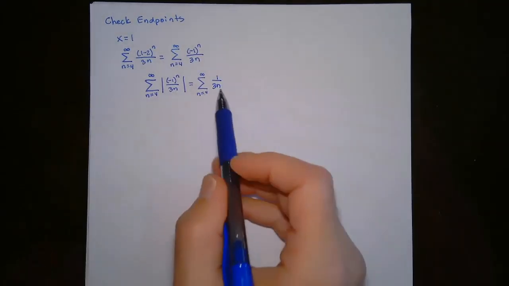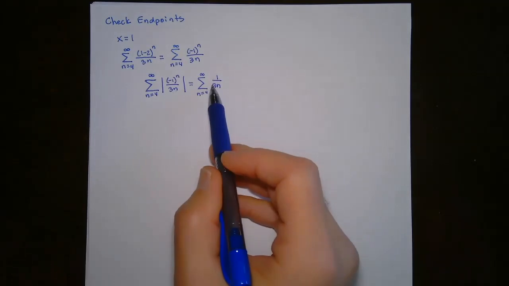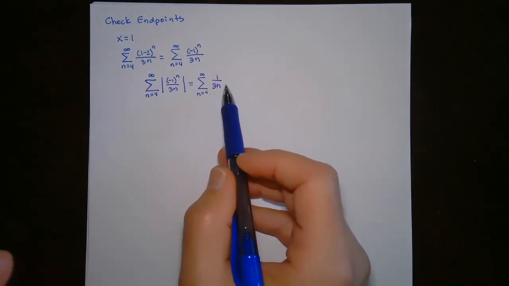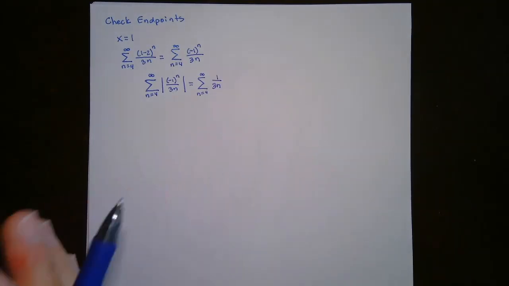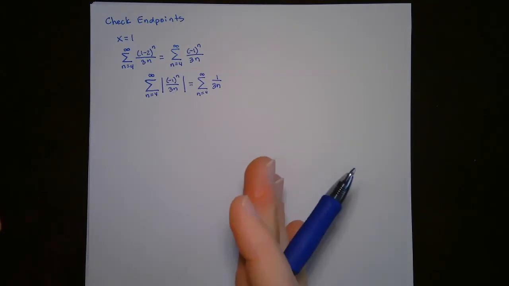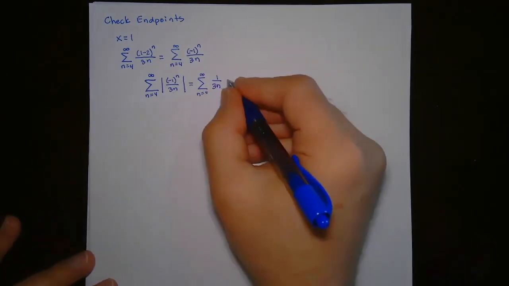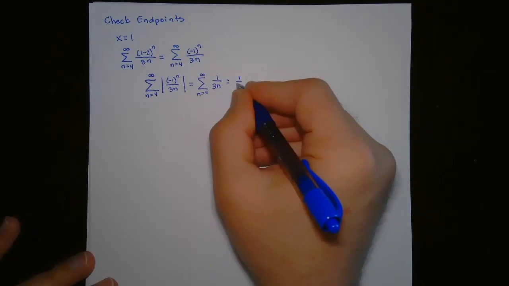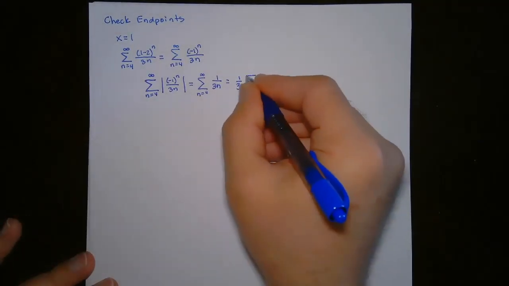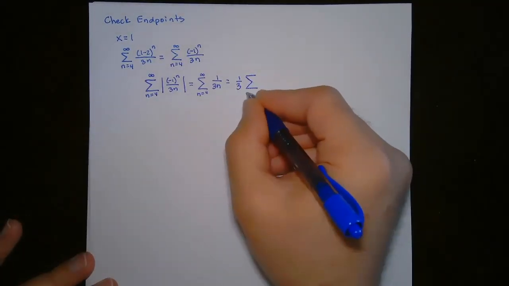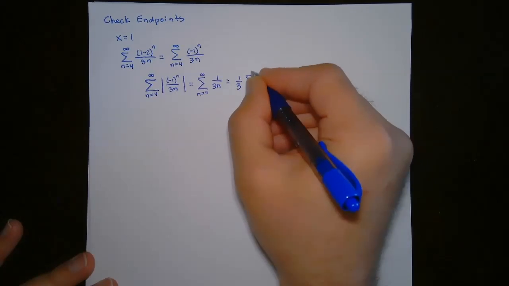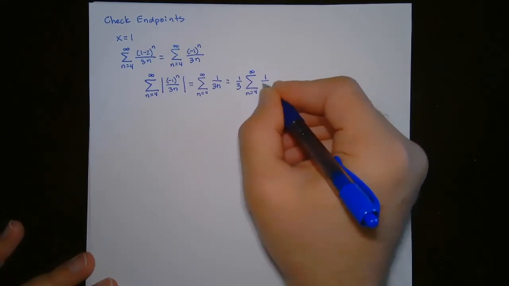Okay, and again, you can think of this as being 1/3 times 1 over n, and each term of the series would be being multiplied by 1/3, which means you could factor it out and rewrite this whole series, right? So this becomes 1/3 sigma n equals 4 to infinity of 1 over n.